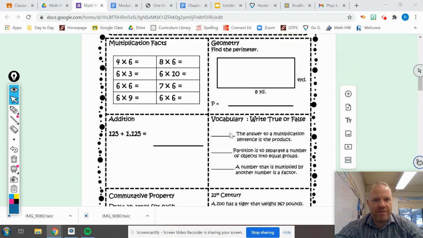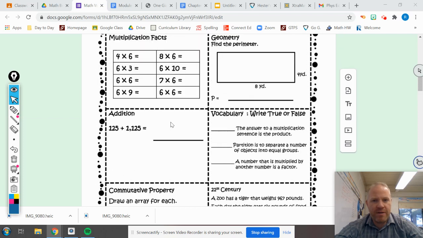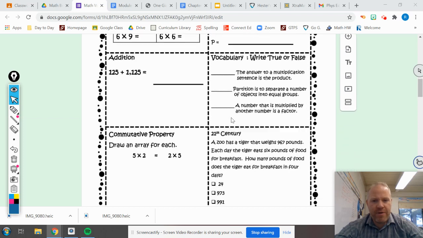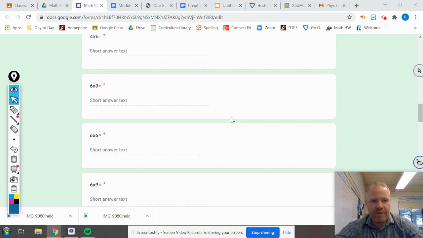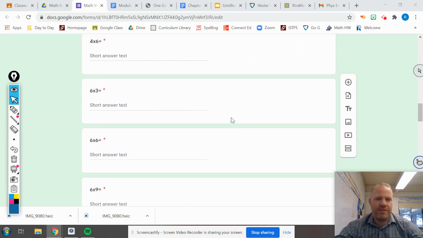We have multiplication facts, addition, commutative property, geometry, vocabulary, and our challenge problem. Let's start off with 4 times 6. 6 times 3. 6 times 6. 6 times 9.